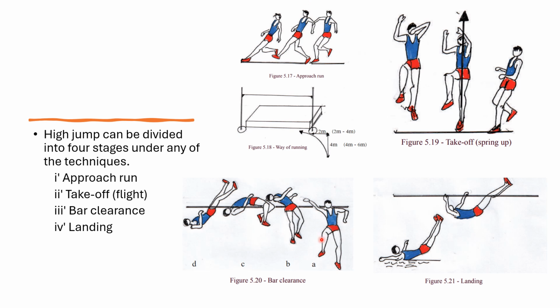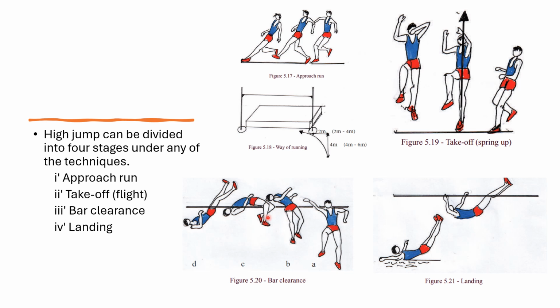So if we talk about the bar clearance, soon after the takeoff, the jumper turns his back towards the bar. As he gets closer to the bar, you can see that this is the free leg, this is the takeoff leg. He lowers his free leg, and at a certain point, the thighs of both legs should be parallel to the ground.